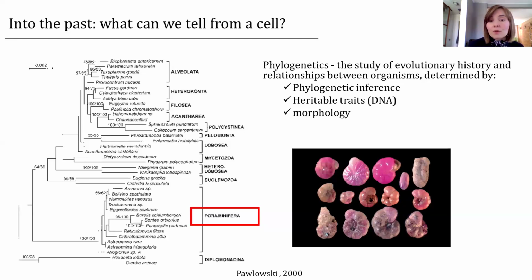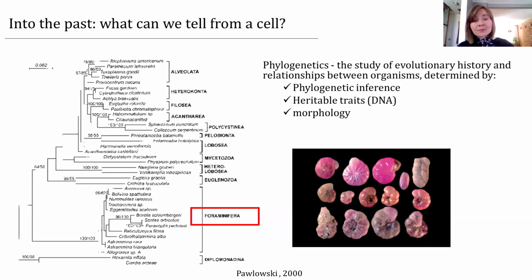I will focus on foraminifera, because I believe for most of us it is the main group of interest. So by analyzing the sequences of modern foraminifera, we can study the evolutionary relationships between the organisms, between the foraminiferal taxa.